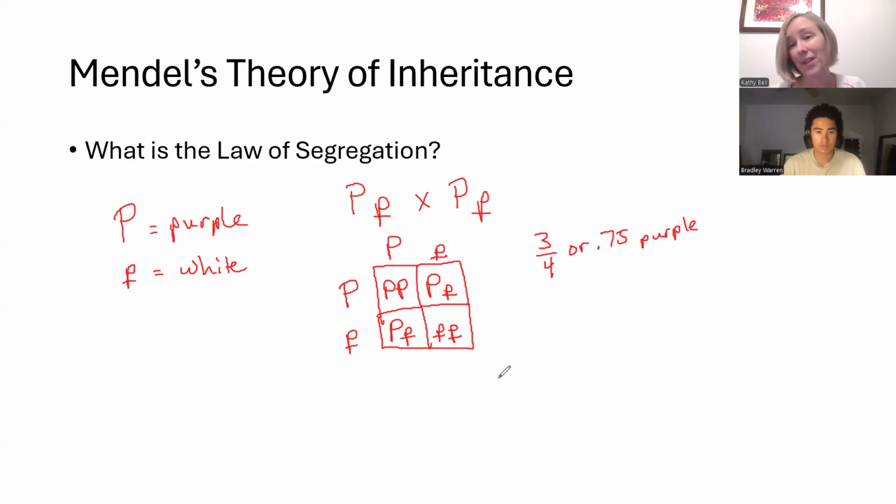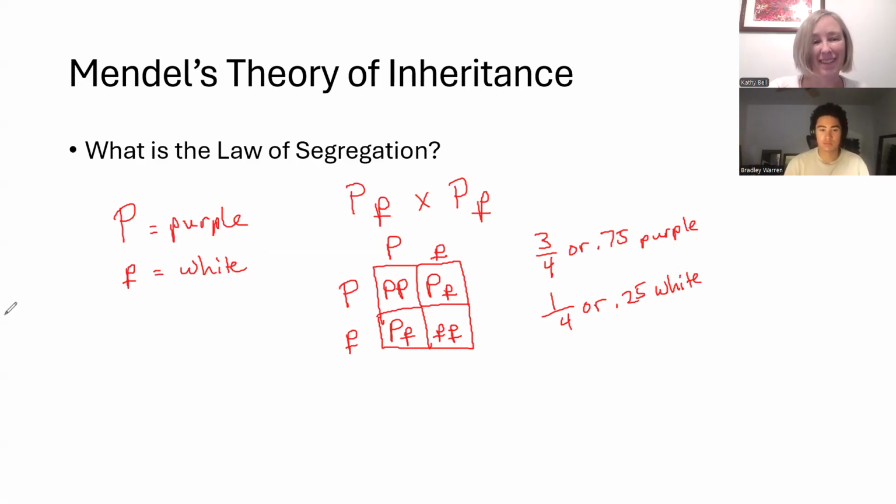And then what's our chance of getting a white offspring? 1/4. Yeah, there's 1 out of the 4 that are going to be white. Perfect.